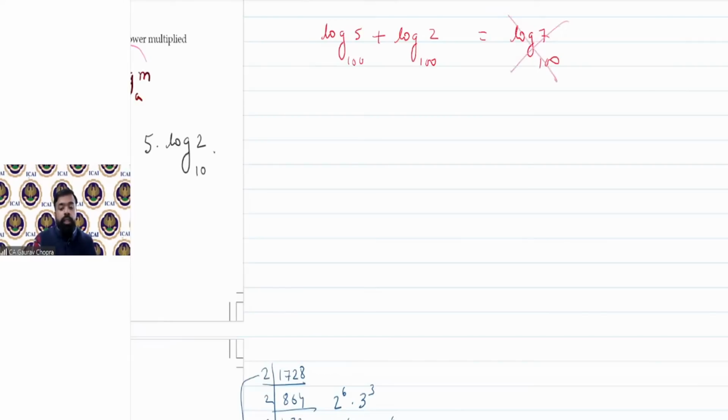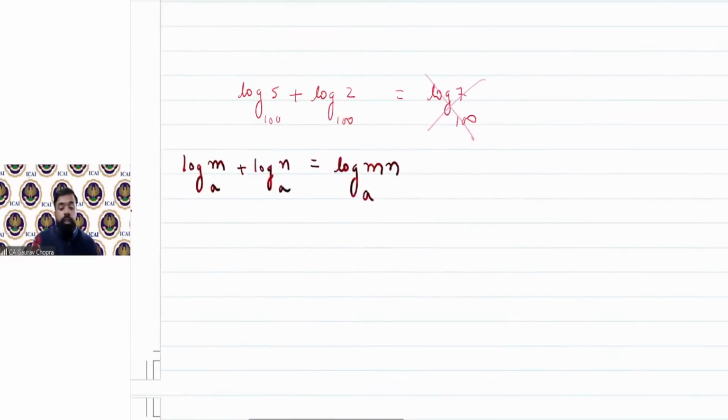No, this is completely incorrect, because as we have done in the property, log of m base a plus log of n base a, if we simplify this, it will become log mn, that is, it will be multiplied. Therefore, the correct result will be log of 5 multiplied by 2. It will become log 10, and the base will remain the same, that is 100.